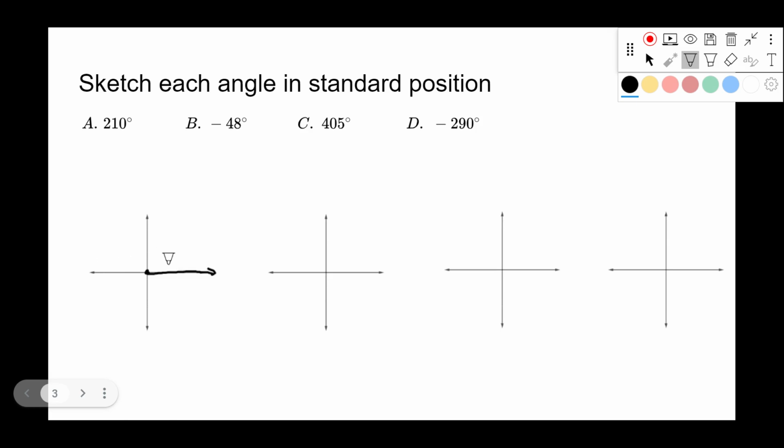Think about it. It's half of the circle. So it's 180 degrees, 360 degrees in a circle. So we're going to go a little more than that, okay? So we're going to come around here, maybe down to there, let's say, and draw our terminal side. This angle is 210 degrees, okay?